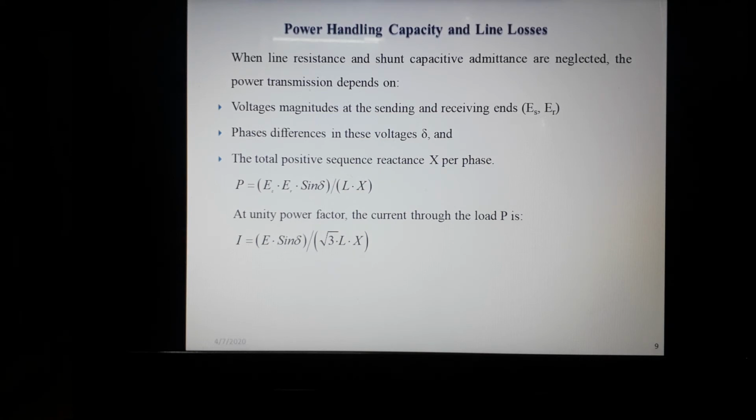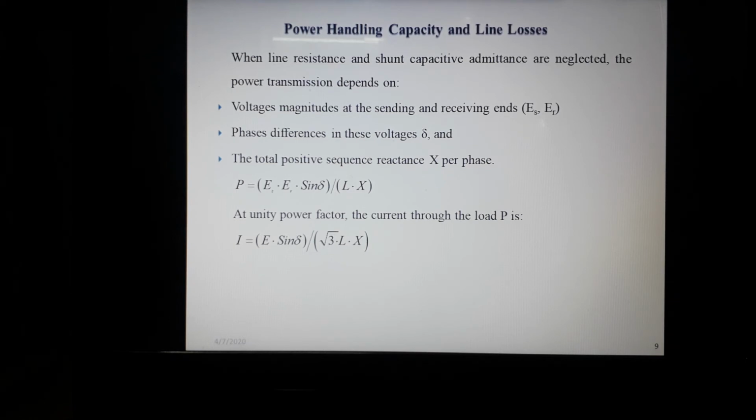And then the power transmission through the transmission line is given by P is equal to ES ER sine delta divided by L into X, where L is the length of the line.